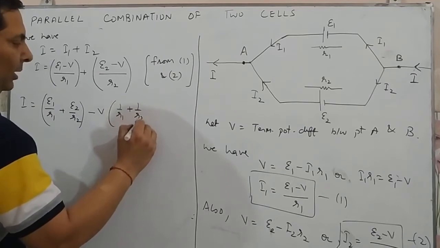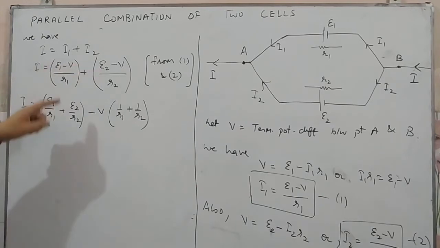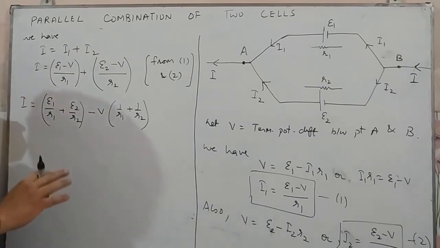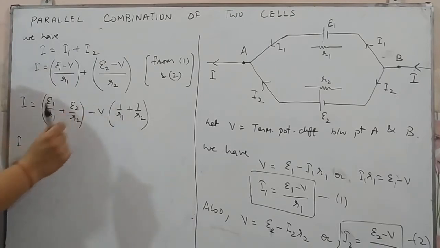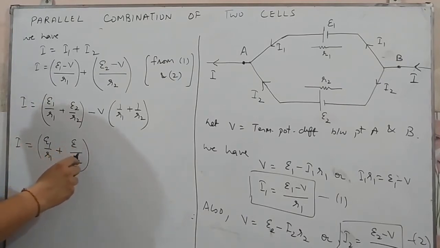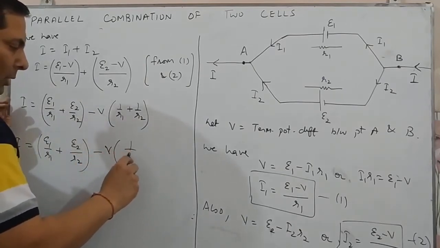This can be rearranged in this form: E1 upon R1 plus E2 upon R2, and V can be taken common, giving V upon R1 plus V upon R2. Now if we take this as R equivalent, we put I equals E1 upon R1 plus E2 upon R2 minus V times 1 upon R equivalent.